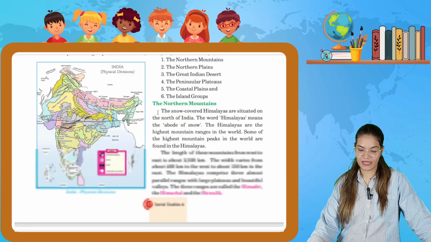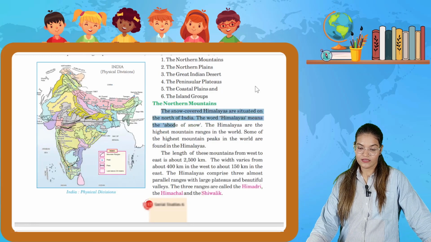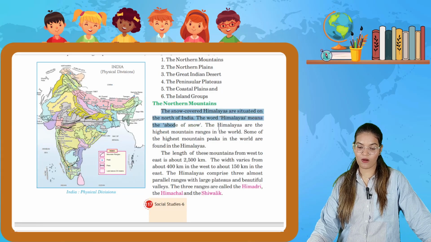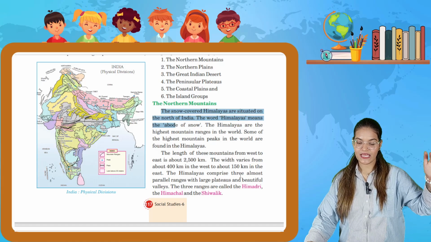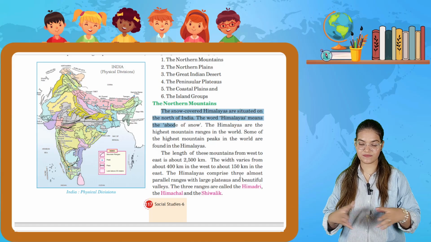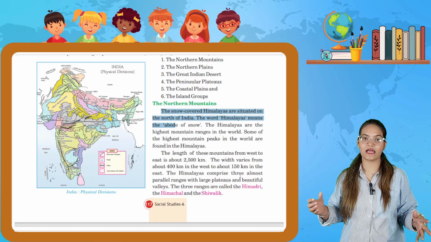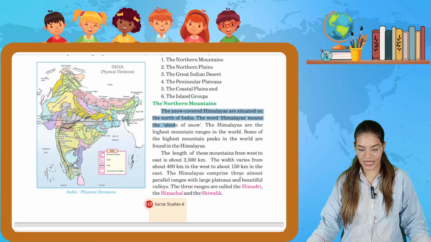The snow-covered Himalayas are situated in the north of India. The Himalayas are the highest mountain ranges in the world. Some of the highest mountain peaks in the world are found in the Himalayas. Right, my students?